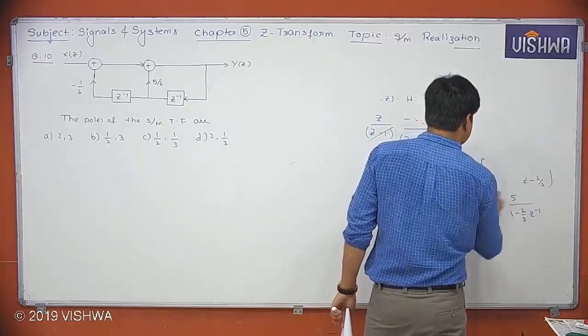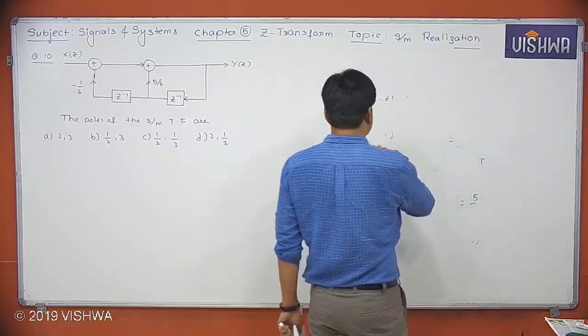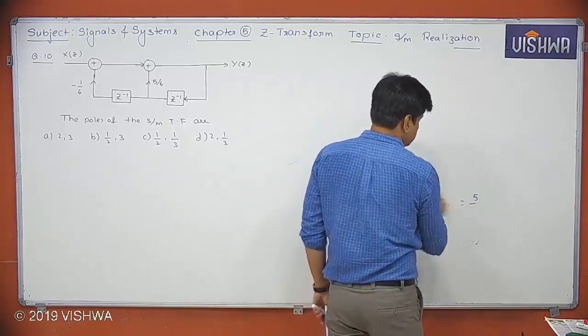So for this system, we have to calculate the transfer function. In the transfer function, what are the poles we have?